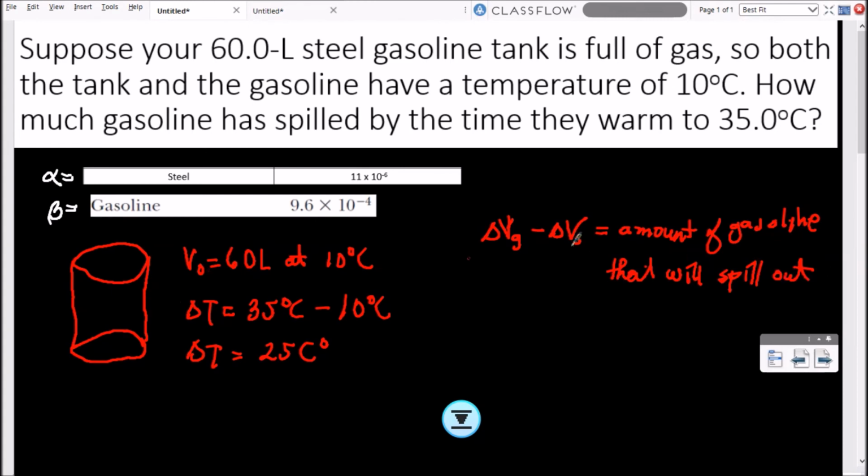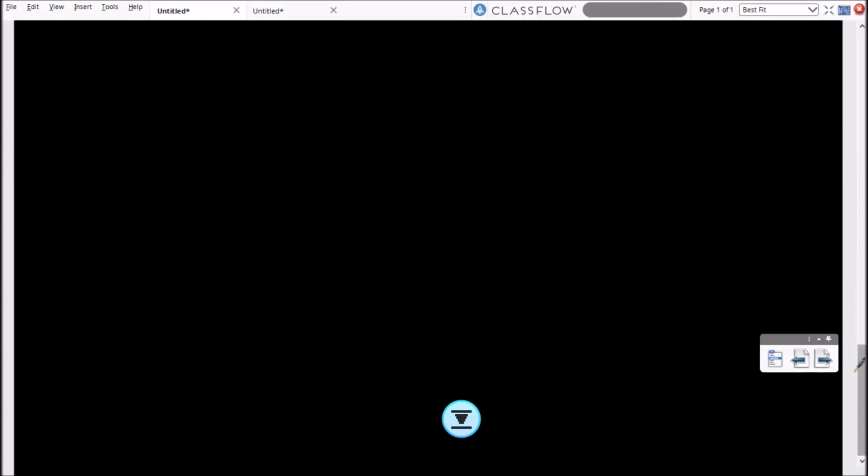Again, the change of volume of the gasoline minus the change in volume of the steel will be the amount of gasoline that will spill out. Now, both of them are subjected to a temperature change from 10 to 35 degrees Celsius, so we have the change of temperature of 25 degrees Celsius.